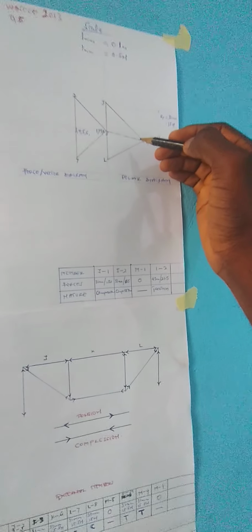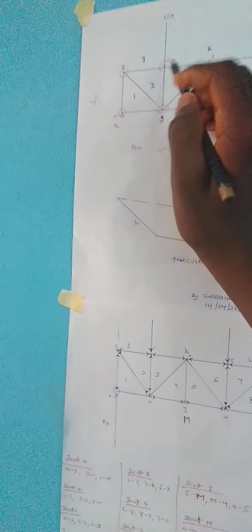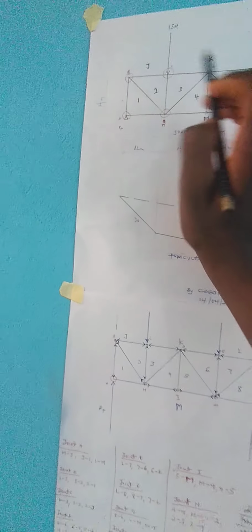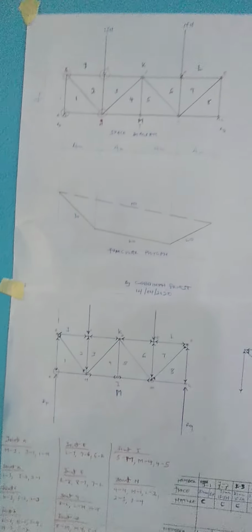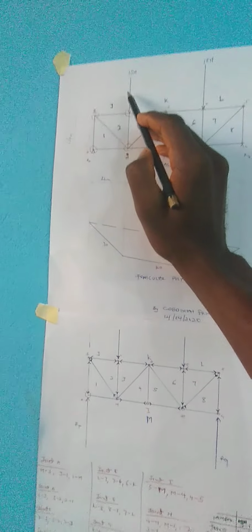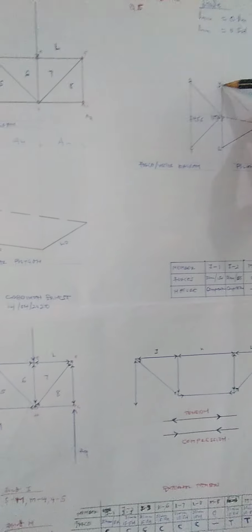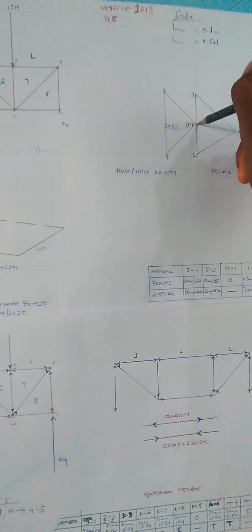You have to represent them in our polar diagram. So this 15 newtons is given by JK. The letters JKL are what we call Bow's notation. So 15 newtons, which is JK, is represented by JK on the load line here.